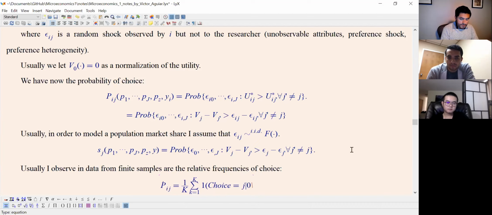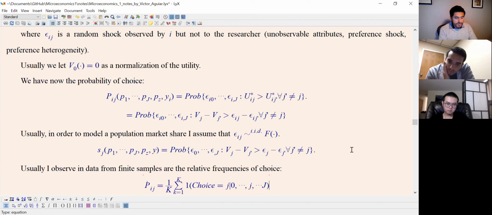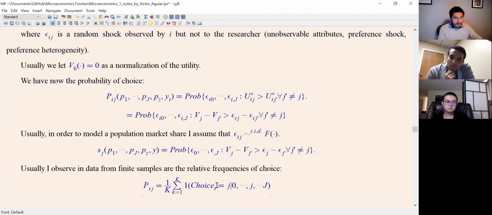Out of alternatives. Okay, so this is basically what I'm doing, right? For a fixed choice set, I'm counting the times this particular individual chose the alternative J out of the menu. And then I divide it by the total number of trials.